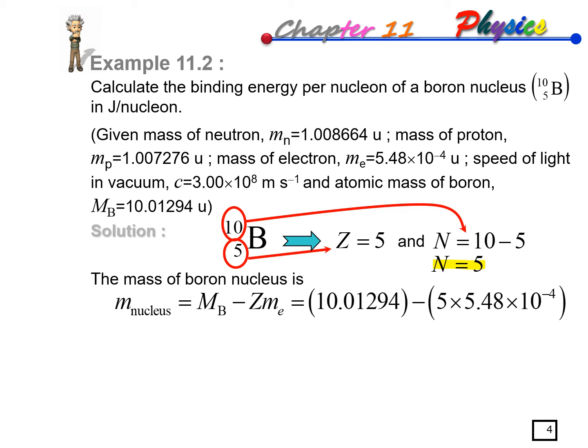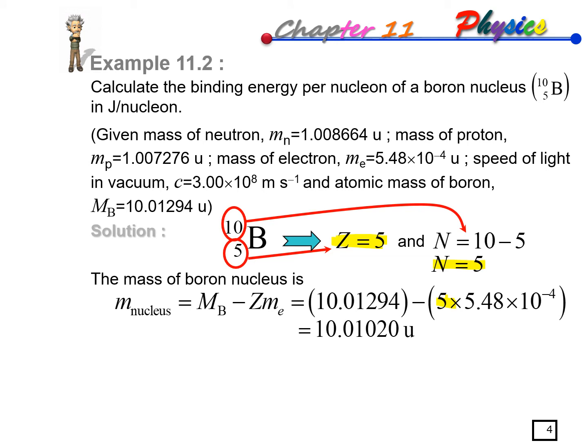For this chapter, we assume that all the atoms are neutral, so the number of electrons is equivalent to the number of protons, which is 5.